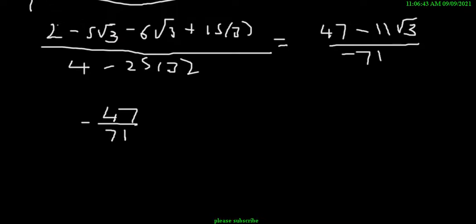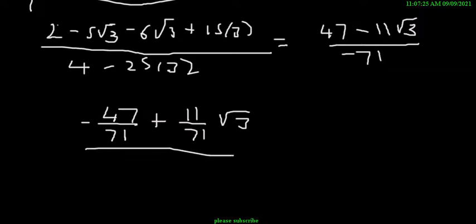So here there's a negative, so this becomes plus because of the negative 71, 11 over 71 root of 3, and we know that we cannot simplify this here, so we can leave the answer like this.